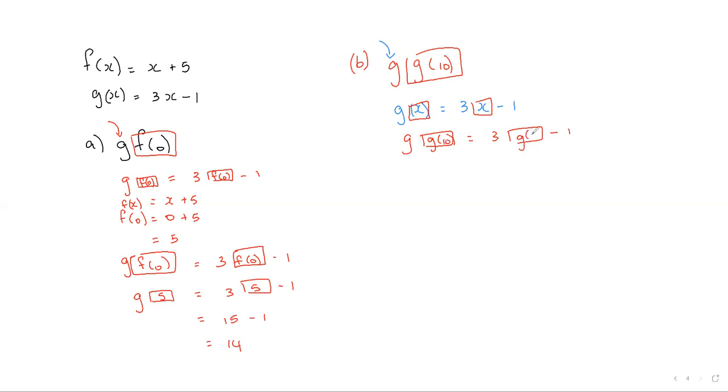So I could figure out what is g of 10. Basically, wherever I have x in the g of x, I'm going to replace it with 10. So that will become 3 times 10, which is 30, minus 1, which is 29.